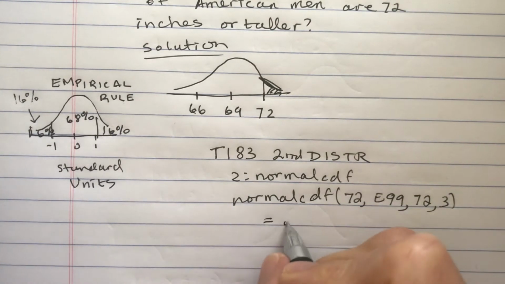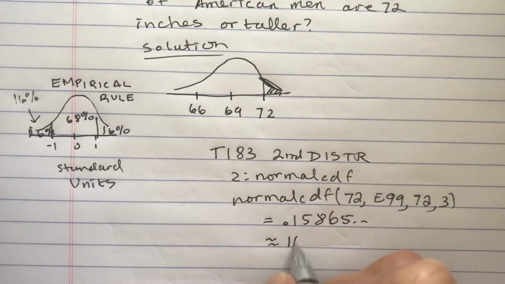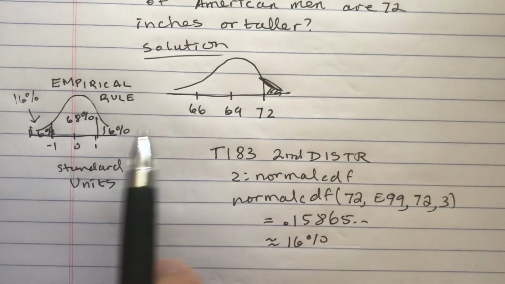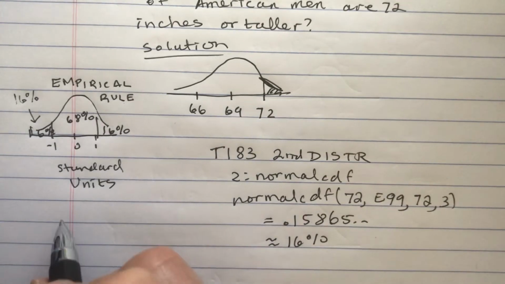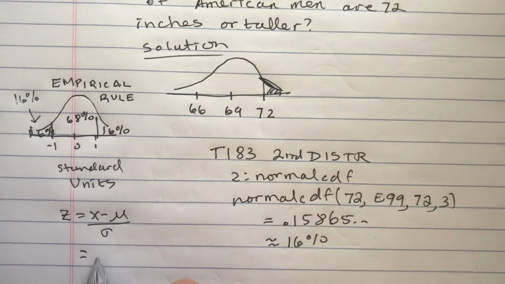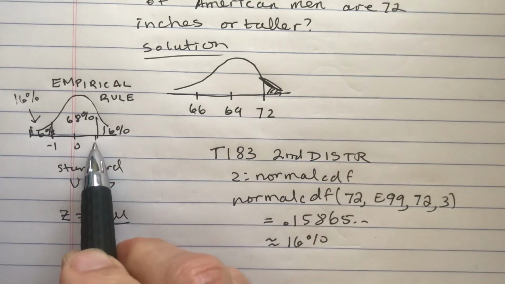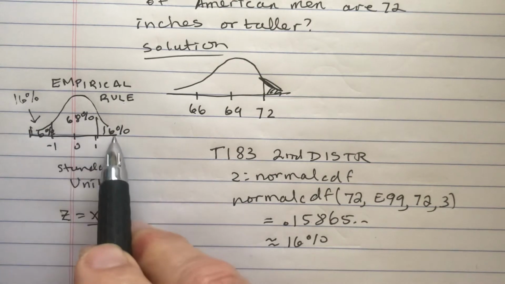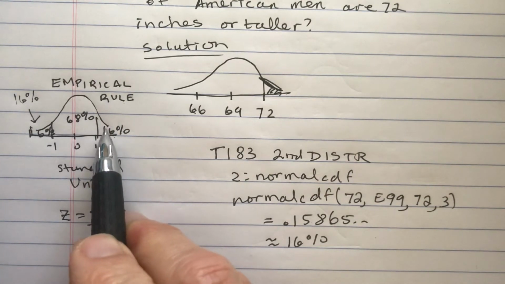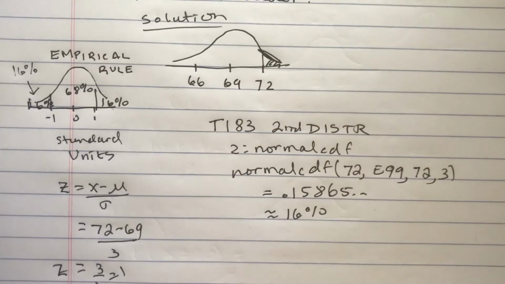But that turns out to be about 16%. By converting into standard units, z equals x minus mu over sigma, we could have gotten the same answer. So 72 inches is 1 standard unit, and by using the empirical rule, being above 1 standard unit is 16%. But we have the calculator too.